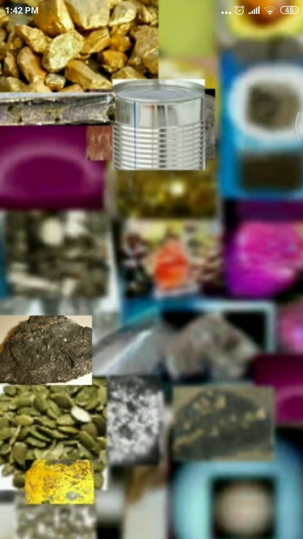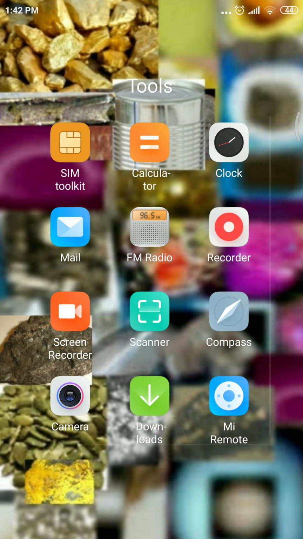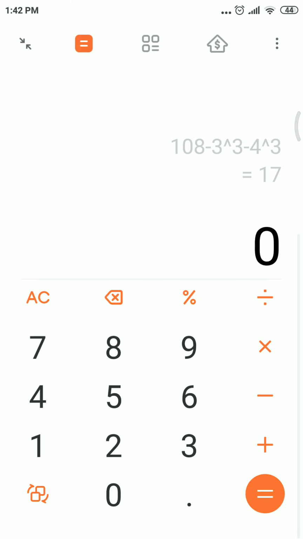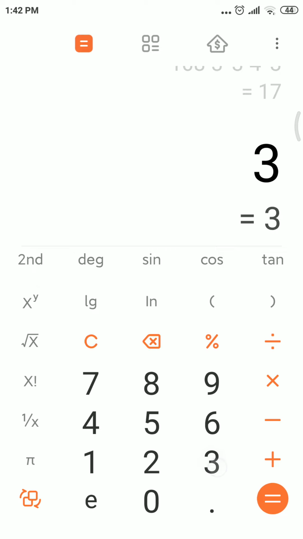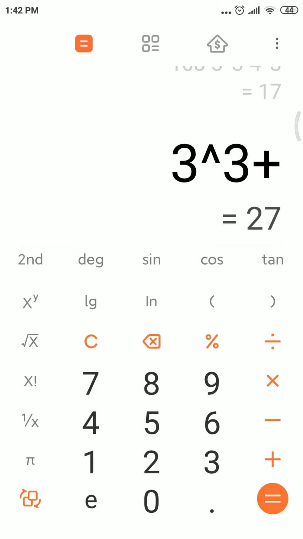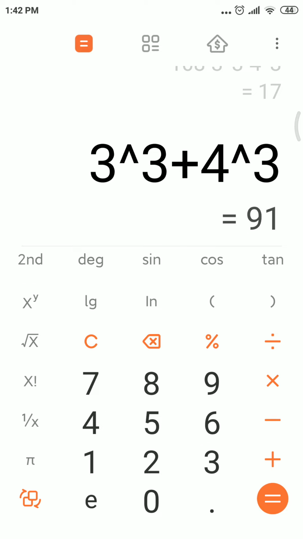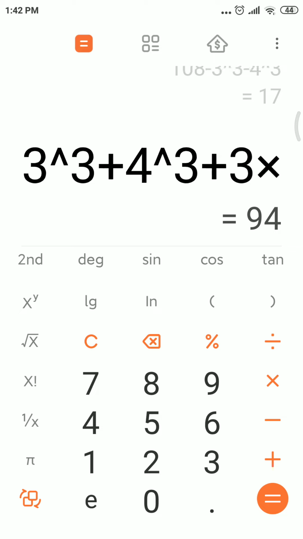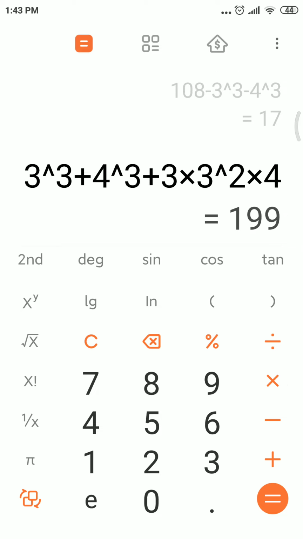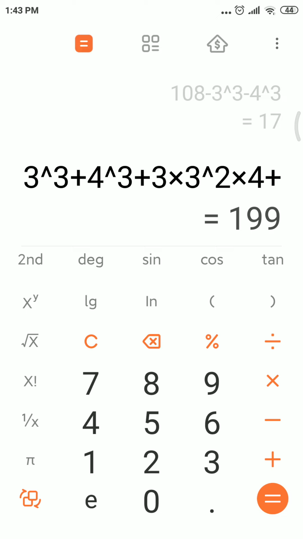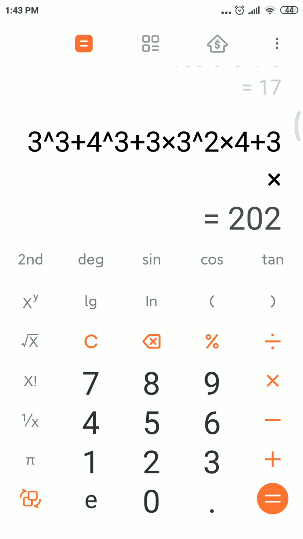Let us check it. It is 3 cube plus 4 cube plus 3 into 3 square into 4 plus 3 into 4 square, that is 343.